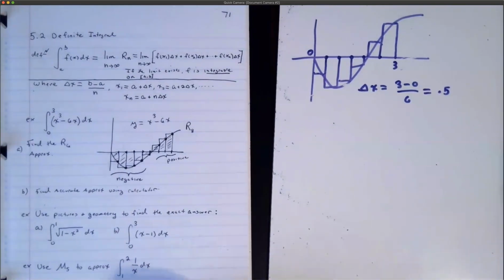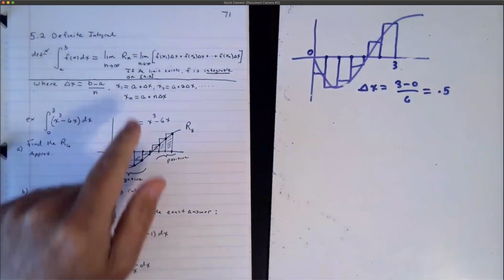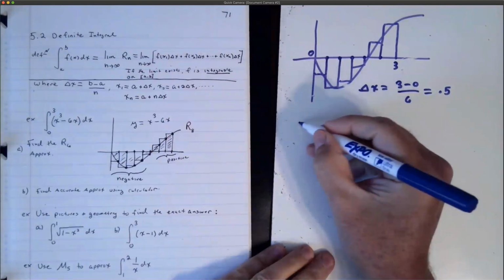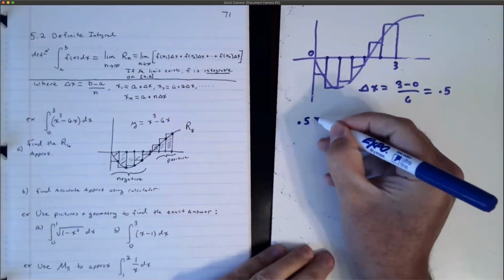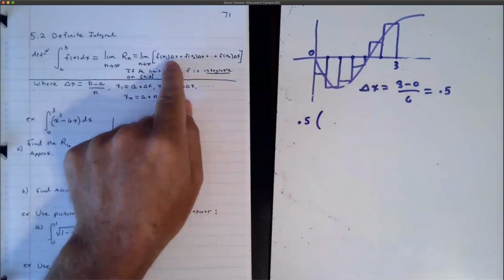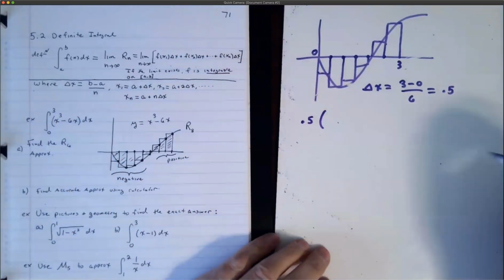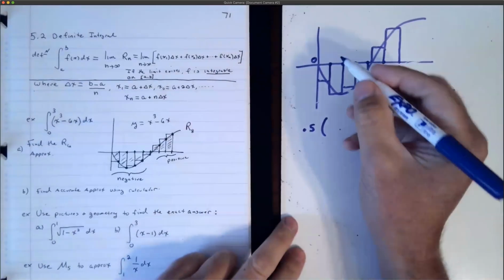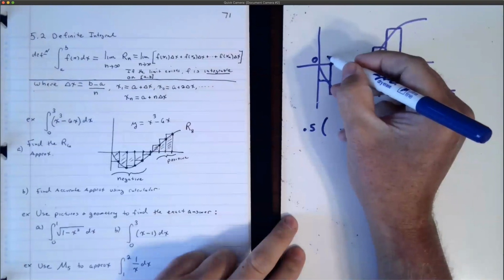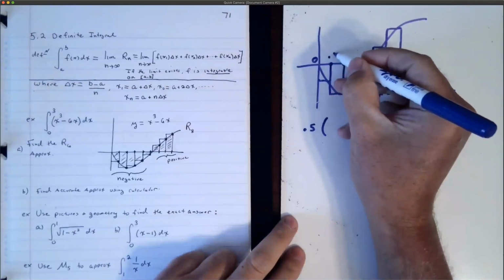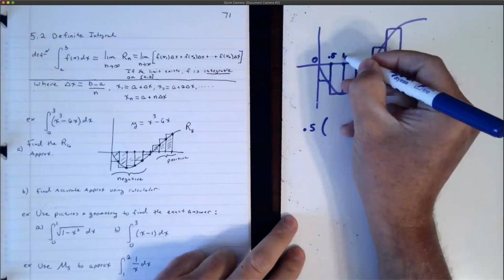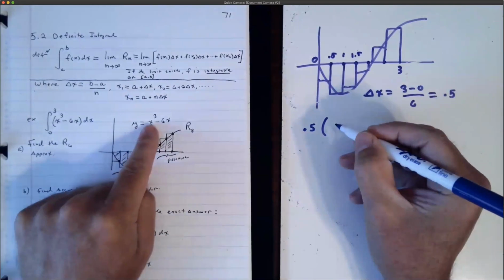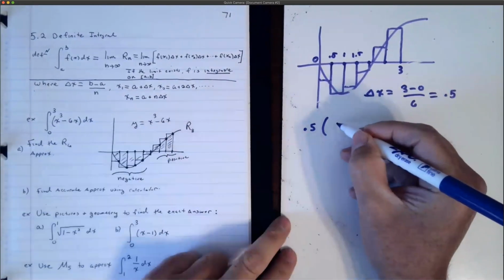Okay, let's write down the R6 approximation. It would be 0.5, taking out the delta x, we factor out the delta x. The first subdivision point would be right here at 0 plus 0.5. So we shift over by 0.5, then 1, 1.5, and so forth. We need to plug in the function, so let's call that f of x.